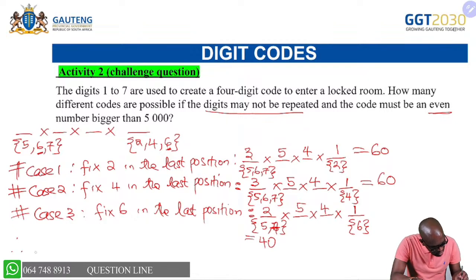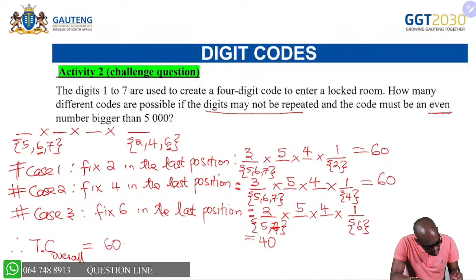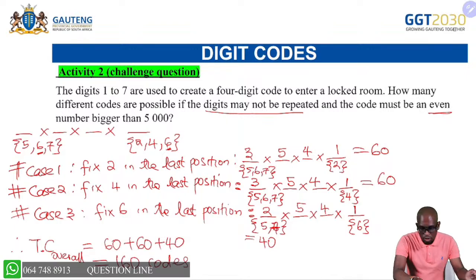Therefore, the total number of codes overall should be given by 60 plus 60 plus 40, which simplifies to 160 codes. So you'll have a total of 160 codes from resolving this.